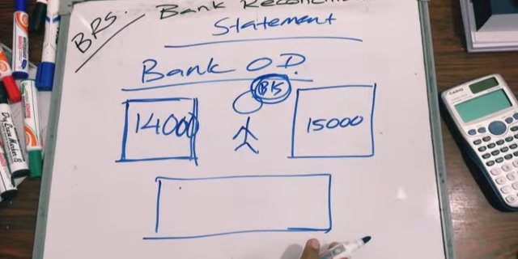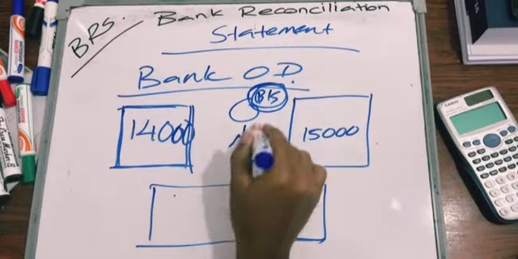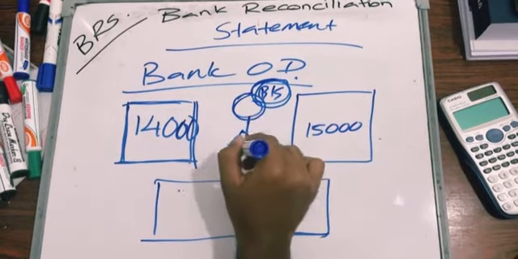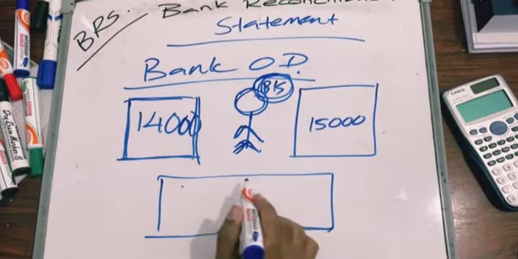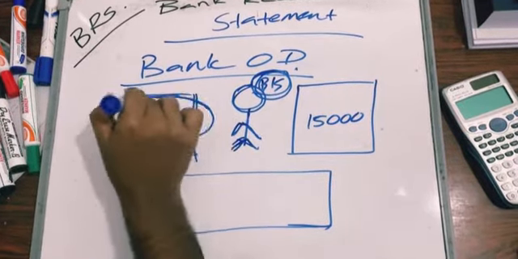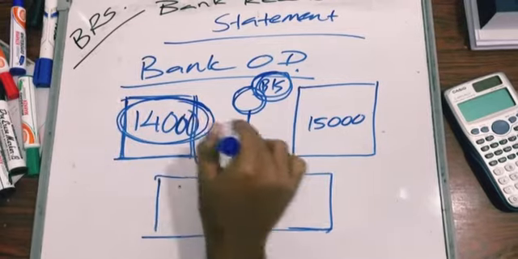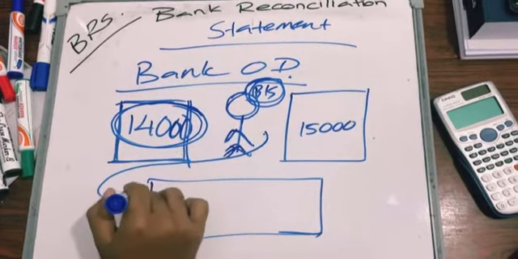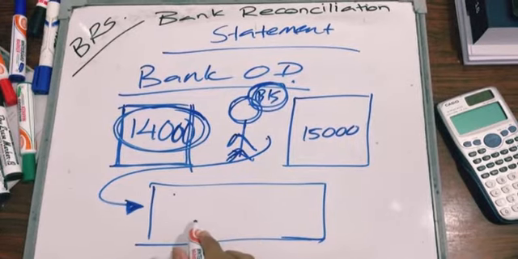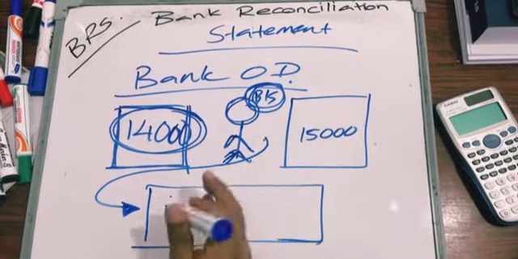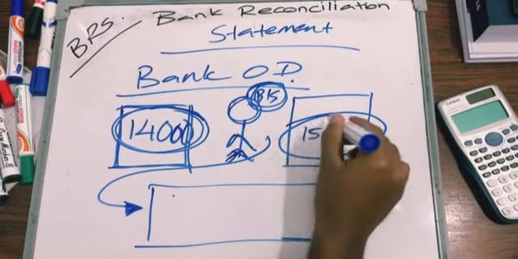The bank offers this business 1,000 rupees of additional funds. Even though he has 14,000, the bank pays rupees 15,000 to the person who presents the check at the counter.